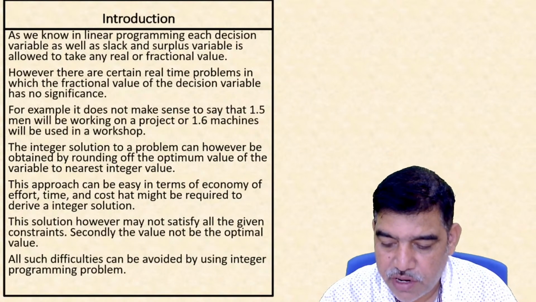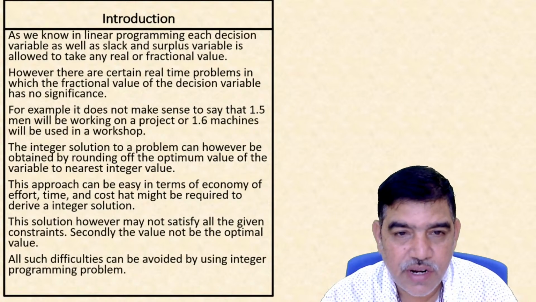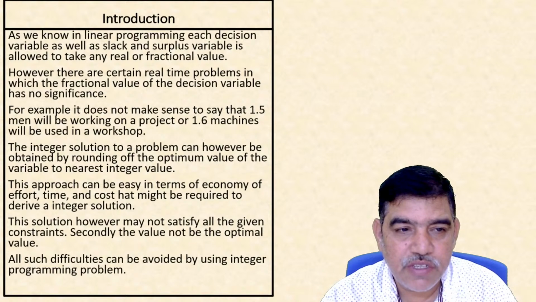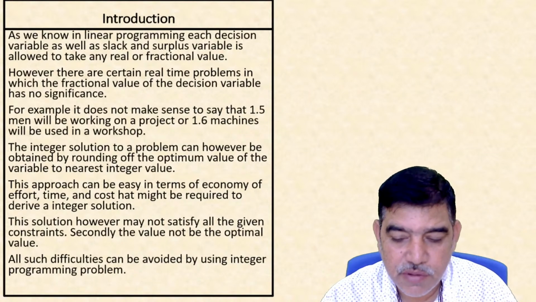Because if fractional values are obtained in the solution, rounding off may not be possible or desirable. Already I am explaining here. If a fractional value is there, we cannot satisfy, and you cannot get an appropriate optimal solution.